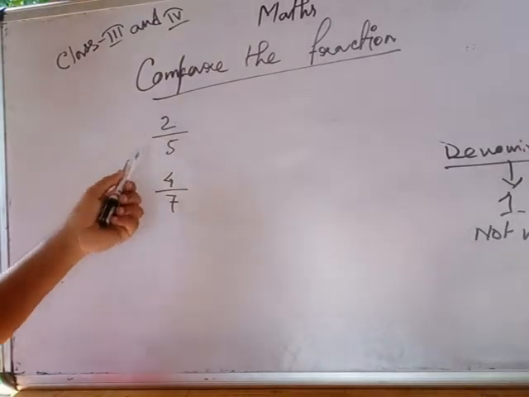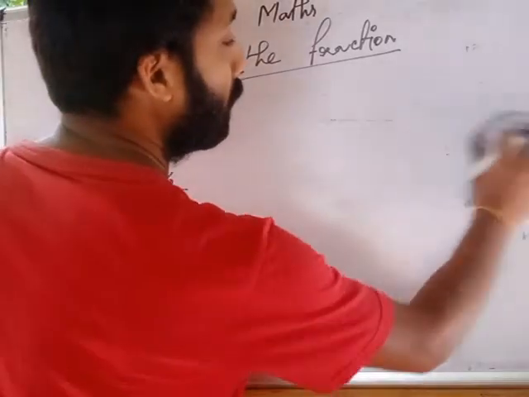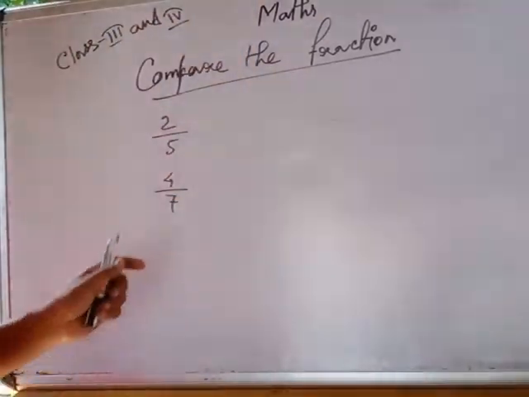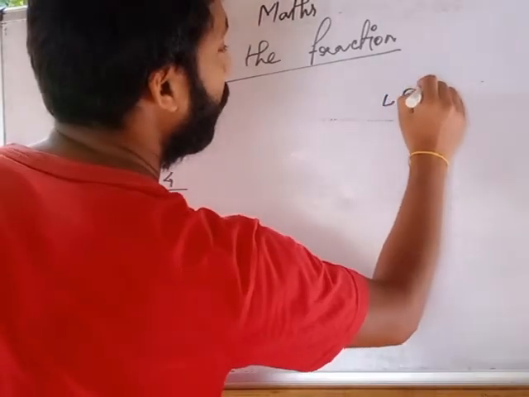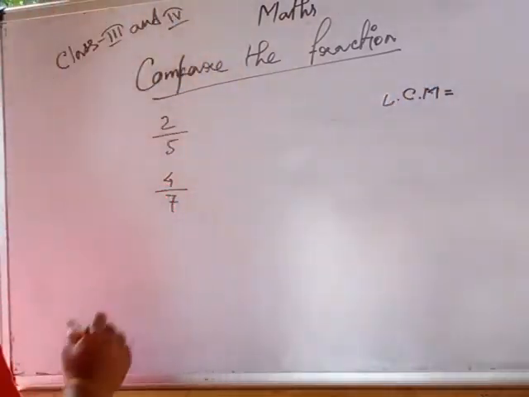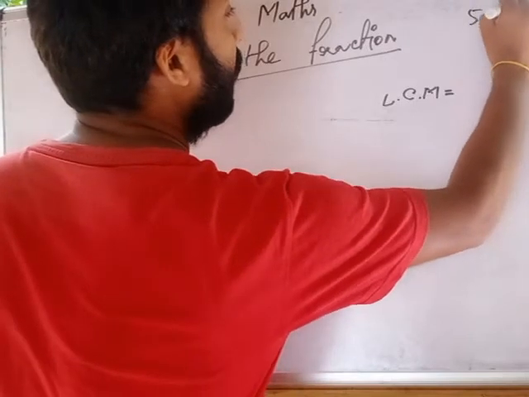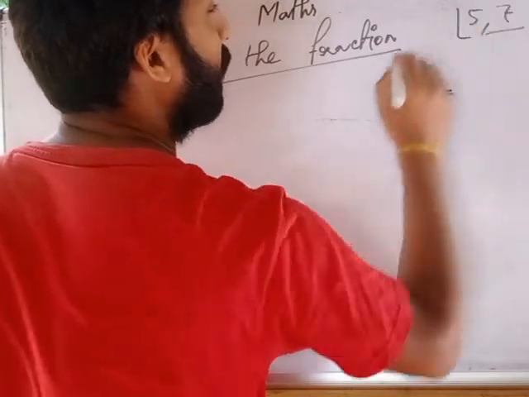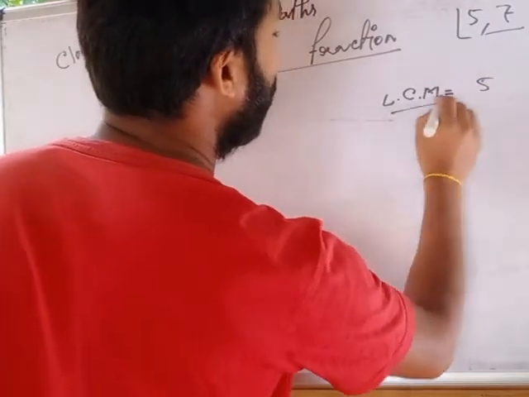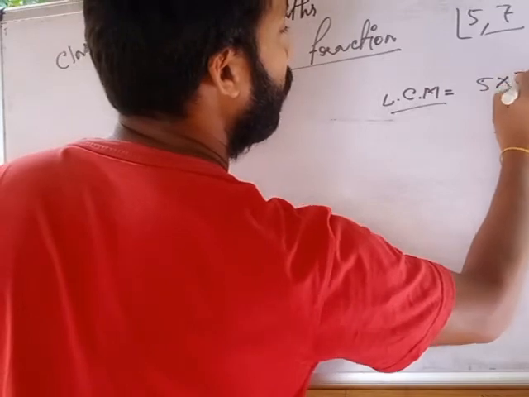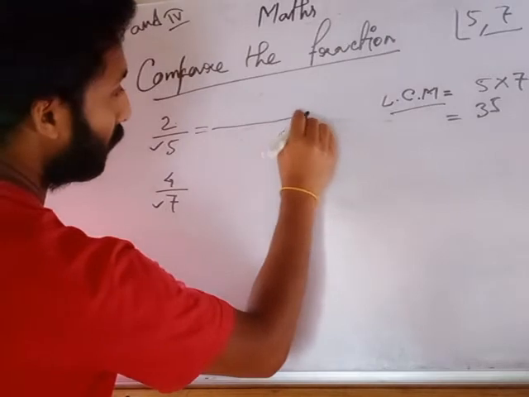How to compare which one is bigger or smaller? At first, don't forget, you will find the LCM of 5 and 7. 5 and 7 cannot be divided by the same number except 1, so to find the LCM we should multiply the numbers. 7 5s are 35.